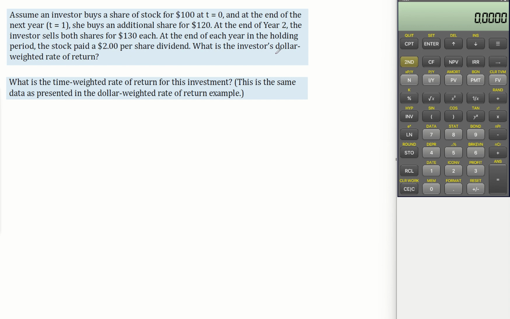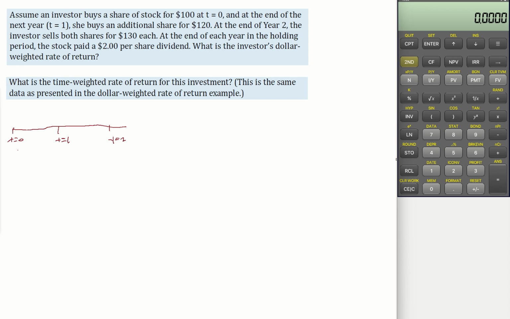So to calculate the dollar-weighted rate of return, let's draw the cash flow according to the timeline, for t equals 0, t equals 1, and t equals 2.